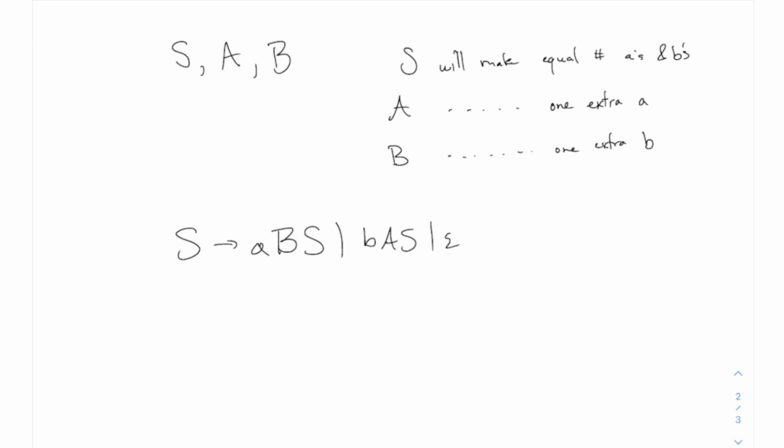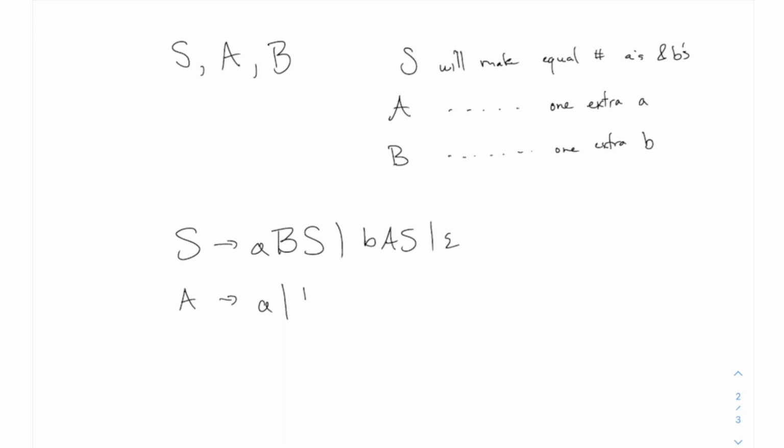No, it is. You'll see why in a moment. And then I have to say, how do we define the big A and the big B? The big A represents any string which has one extra A. So it could look like A, just A, that has one more A than B's.